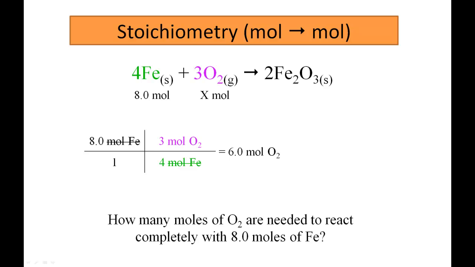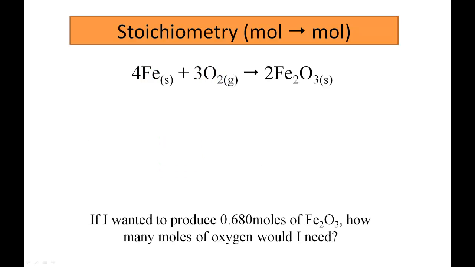Well, look at the equation and look at the ratios. 8 moles of iron. The ratio of oxygen to iron is 3 moles for every 4 moles. 8 times 3 divided by 4 is equal to 6. So if we have 8 moles of iron, we will need 6 moles of oxygen to react completely until that iron is gone.